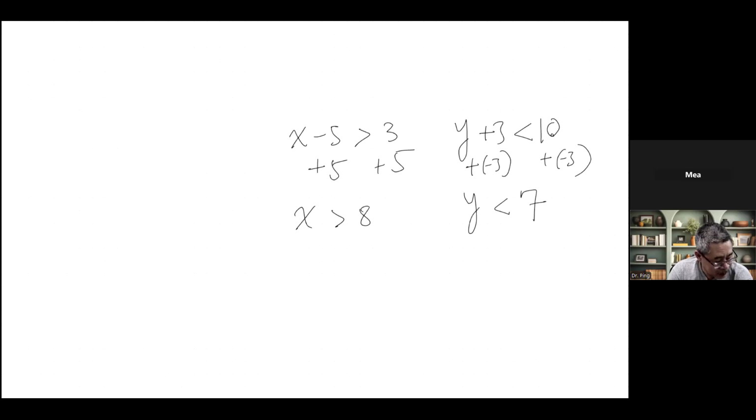Okay, so let's try a couple, pretty simple. We have this one, and what did you get?